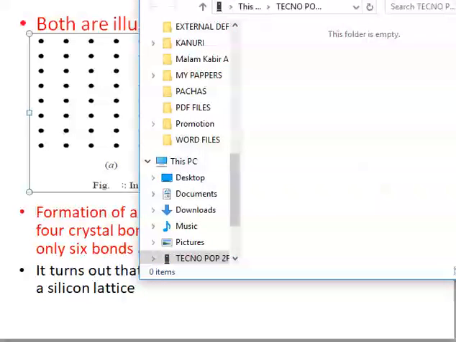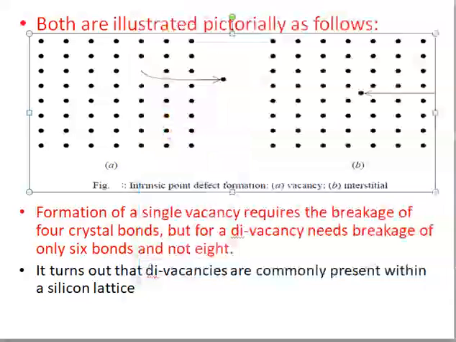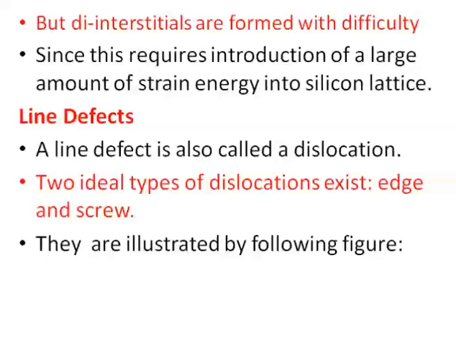Therefore, in most cases the di-vacancy is formed more often than the single vacancy, because that one requires 4 and this one requires only 6. To move an atom from the surface to the interior of the silicon to form the interstitial is very, very difficult, unlike the di-vacancy, which is more frequent than the mono or single vacancy.